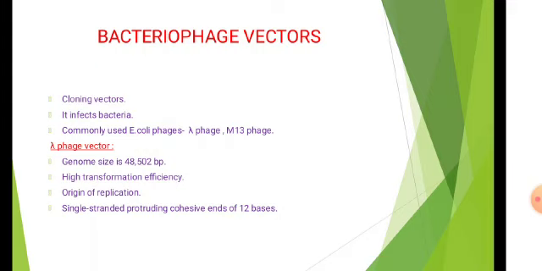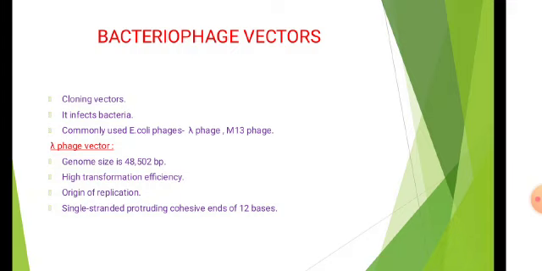We will discuss the lambda phage vector first. The important characters are that the genome size is 48,502 base pairs. It has a high transcription efficiency, and it produces single-stranded cohesive ends of 12 base pairs.